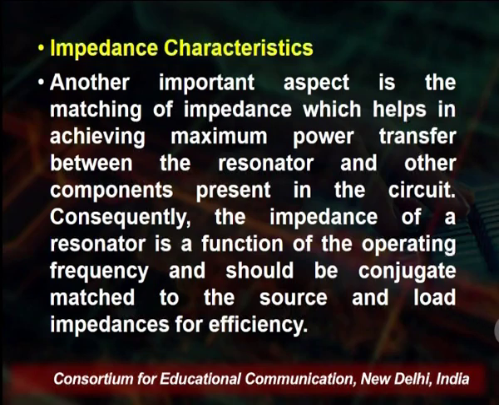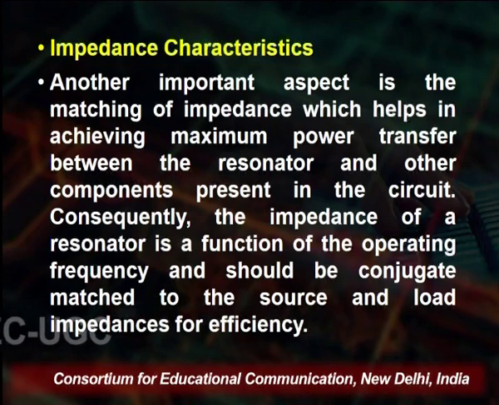Impedance is the most important aspect, and matching of the impedance helps in achieving the maximum power transfer between the resonator and the component present in a circuit. How the maximum power can be transferred from the resonator to the other component will be defined by the impedance characteristics.